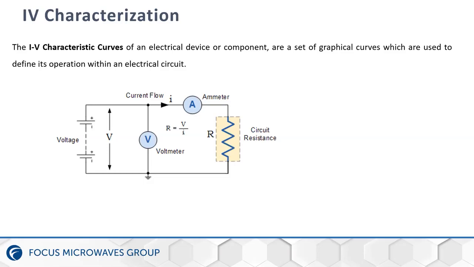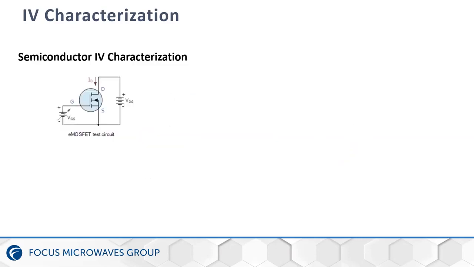If the resistor within this circuit is a fixed value or is kept constant, the resulting curve, which can be graphically represented, is linear, which means it is a straight line. But when we are talking about advanced electronic components, the relationship between the voltage and current is no longer linear, which means that it's not a straight line.